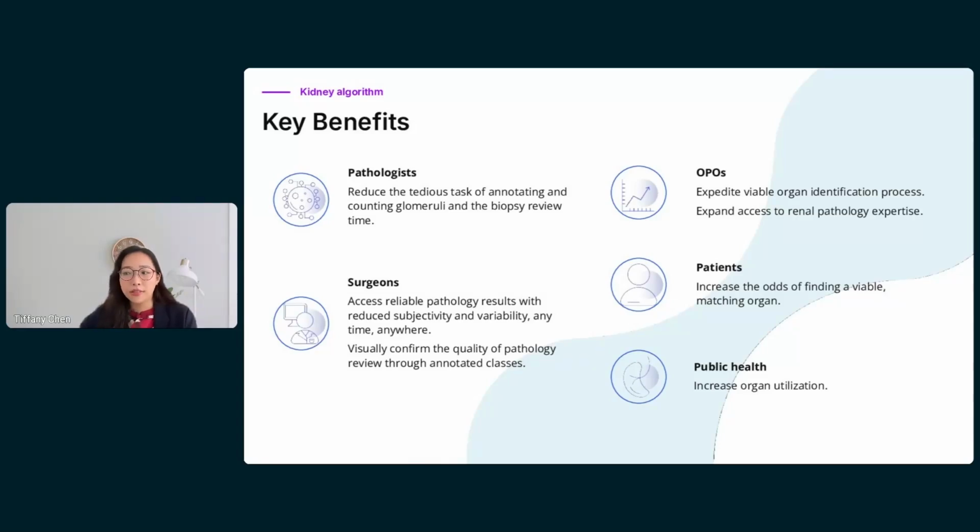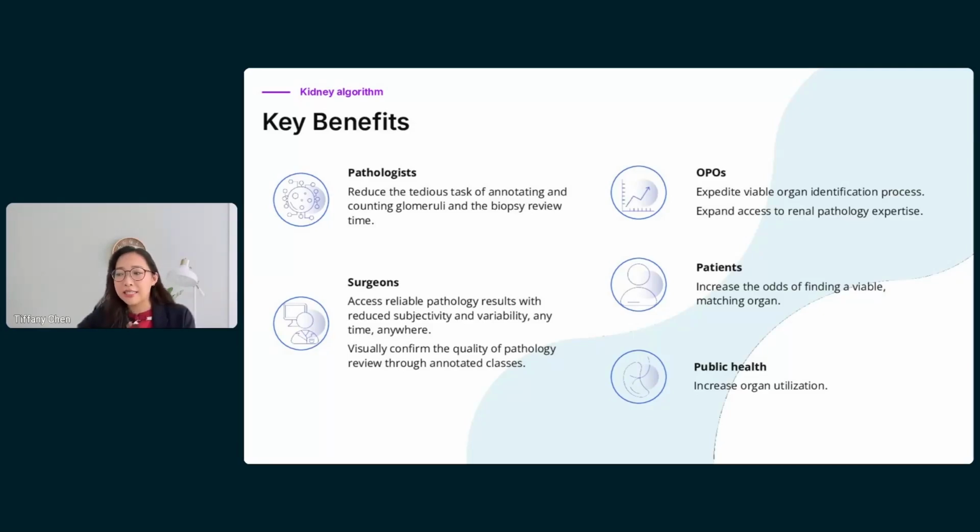For OPOs, this can help expedite the donor organ evaluation process. And through telepathology, we can connect pathologists with OPOs and sites that previously may not have had good access to pathologists. For transplant surgeons like Dr. Campsen, being able to access reliable pathology results will give them confidence in being able to transplant the best organs for their patients.